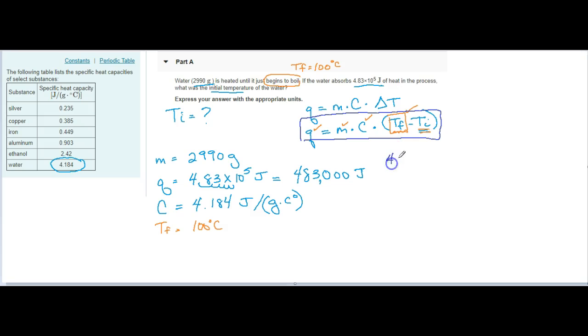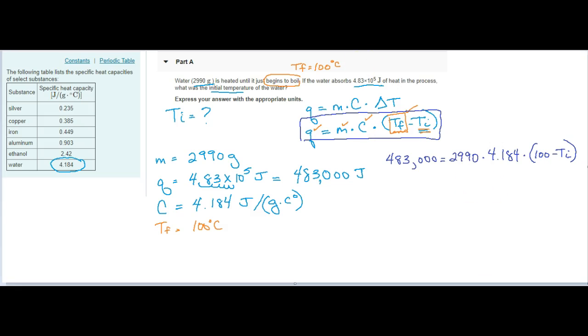Q is that 483,000 joules, which is equal to our mass, 2,990 grams, times our heat capacity, 4.184 joules per gram times degrees Celsius, and then times our final minus our TI.